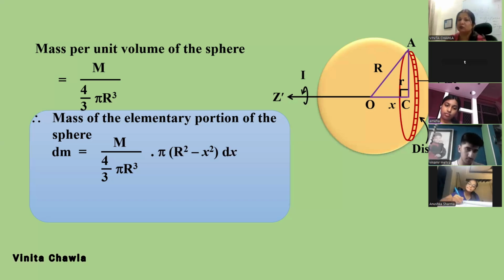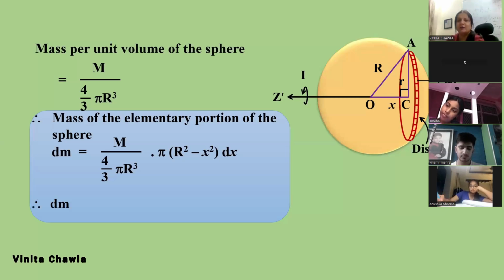We can apply the Pythagoras theorem in the right angle triangle AOC, and we know the radius of the disc is small r. So small r² is R² minus x². This is the area of the disc, and on multiplying thickness with the area, we get the volume of the disc. When the volume of the disc is multiplied with mass per unit volume, we get the mass of the disc that we had taken out.